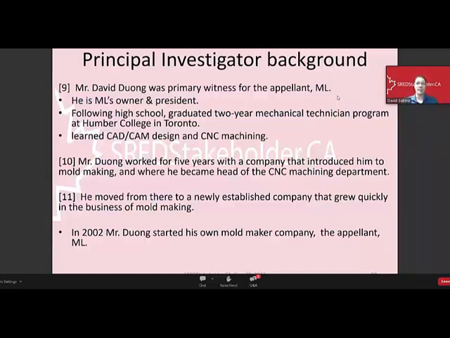Okay, as in some of the other cases where the judge felt that the verbal testimony was very strong. If there's language barriers, again, it's really important to prepare that information up front, document it so that there's no misinterpretations. We're told that Mr. Duong graduated from a 2-year mechanical technician program at Humber College, that he worked in the industry for a series of years, and then ultimately he developed his own company based on roughly 5 years of experience in the industry.